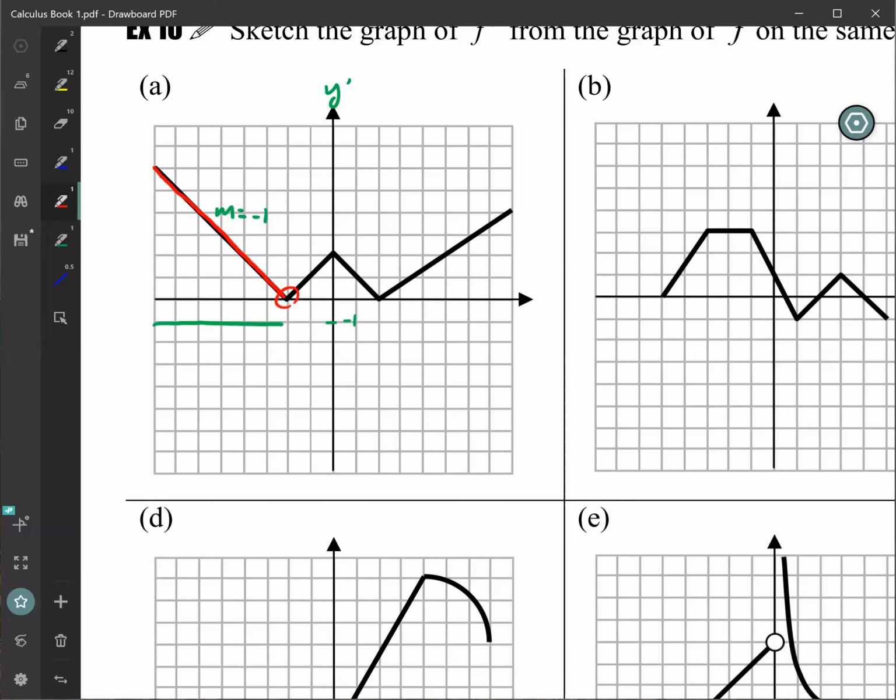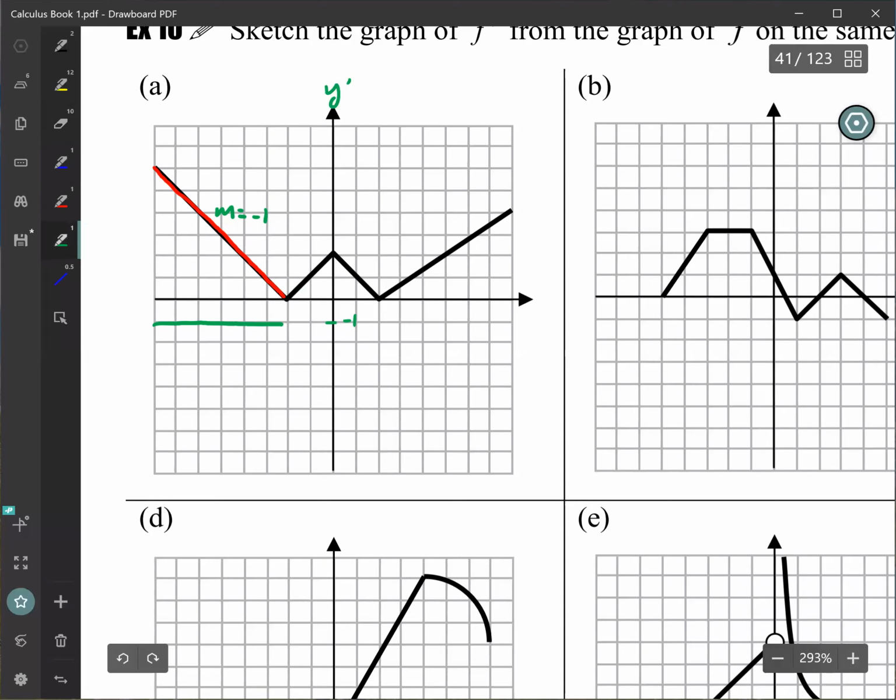Or you can think of it, if I want to find the tangent line, the tangent could look like this, could look like that, could be flat. There are multiple ways to draw a line to touch that point.